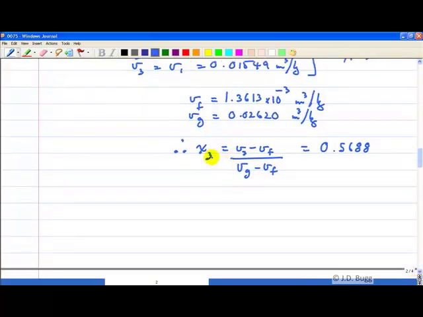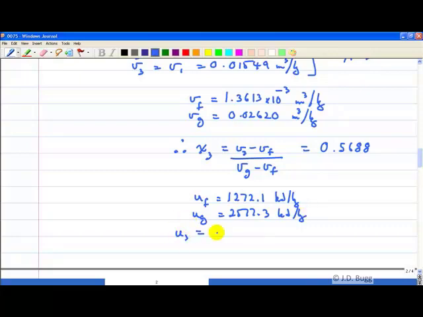So now we have the quality, we can get internal energy, and again, because it's a mixture, we need UF and UG. UF is 1272.1 kilojoules per kilogram, and UG is 2577.3 kilojoules per kilogram.